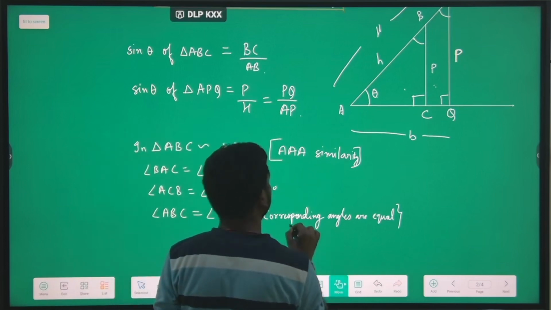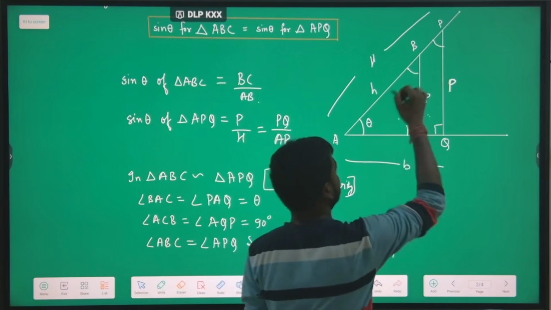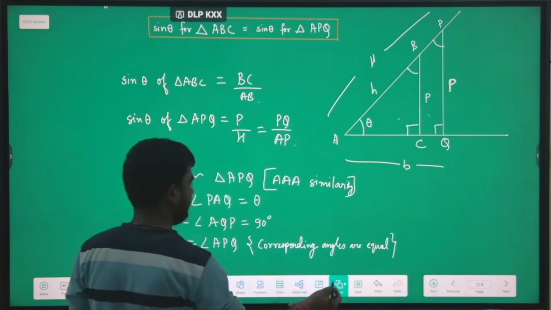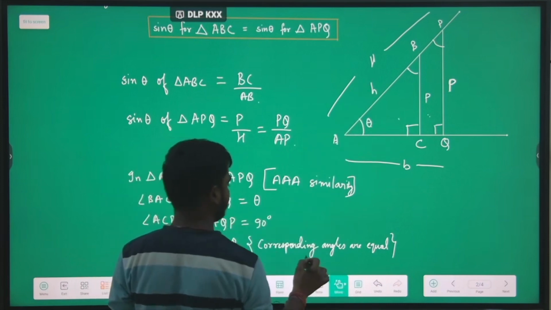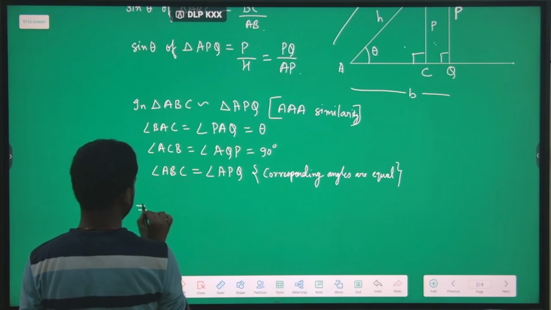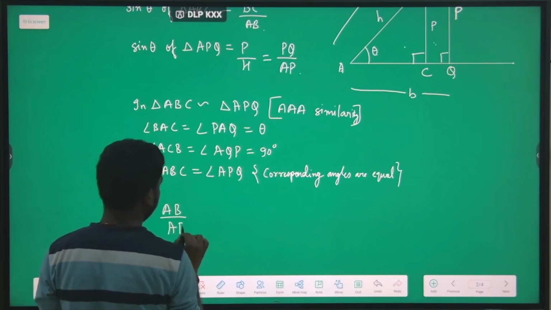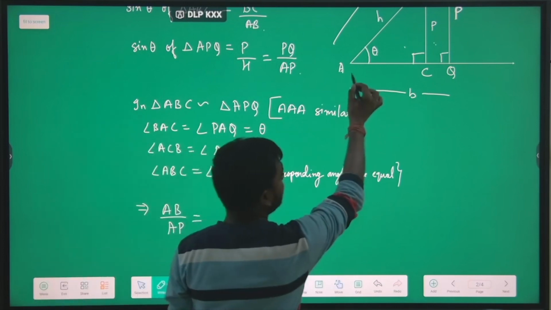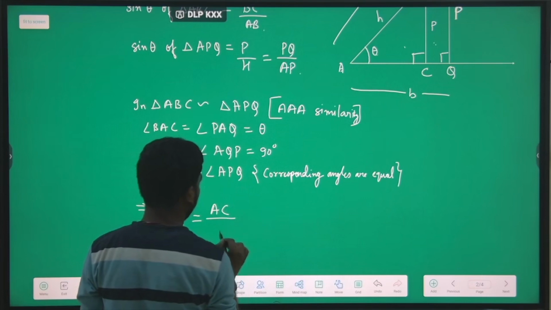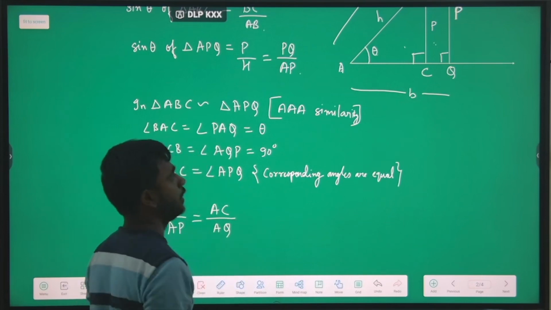Whenever two triangles are similar, then the length of the first triangle upon the length of the bigger triangle, that means AB upon AP, will be equal to AC upon AQ, the length of the smaller triangle upon the length of the bigger triangle for the base unit.